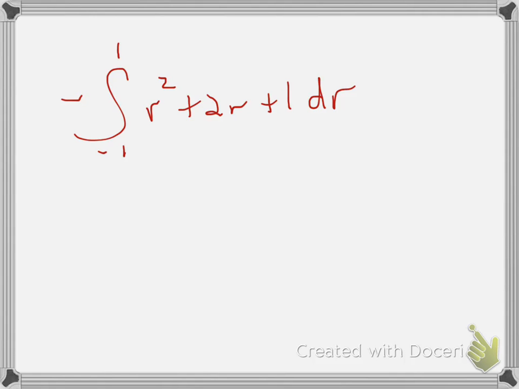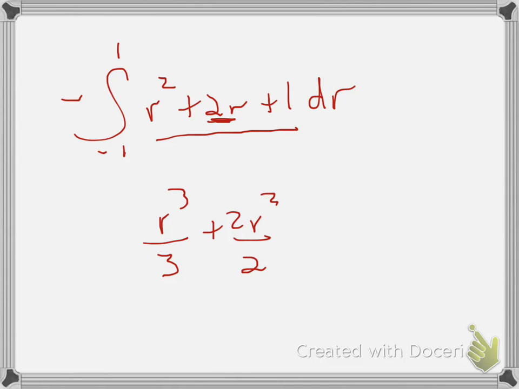Okay, so here we are. Now we're ready to integrate. So the integral of r squared is r cubed over 3. The integral of 2r is 2r squared over 2, and I'll write that out temporarily. I know a lot of you guys are getting good at doing the cancellation such as that in your head, okay?